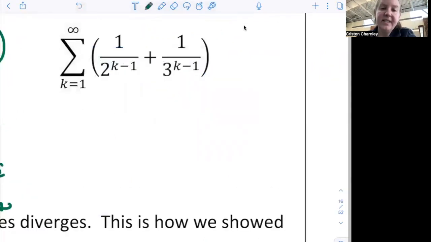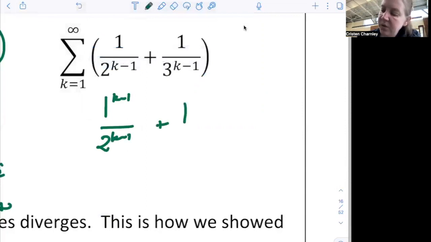Now, letter C, let's look at these a little bit differently. If I have 1^(k-1) over 2^(k-1), and 1^(k-1) over 3^(k-1), because 1 to any power is still 1, I can take that k minus 1 exponent and introduce it or take it away as needed. In fact, I can really put any exponent on 1.